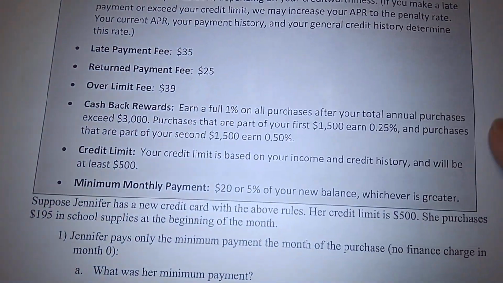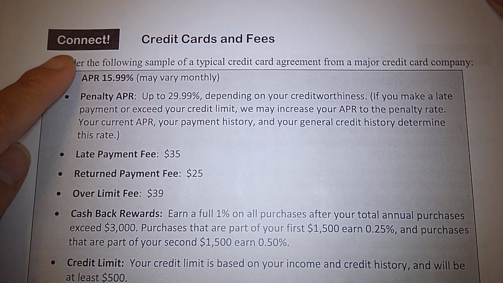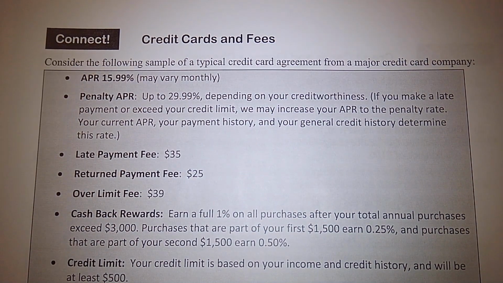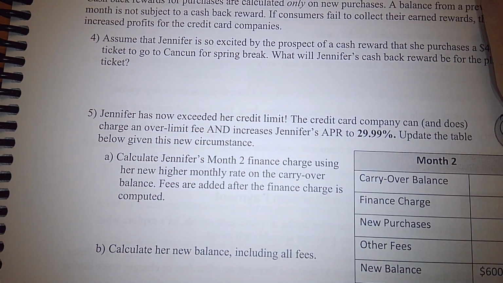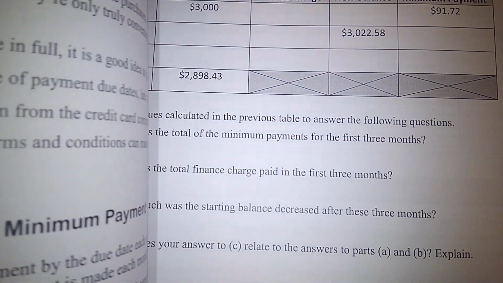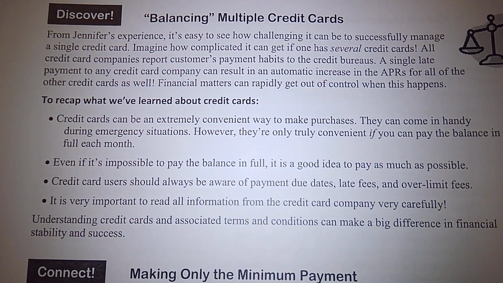Page 132, entire page. This is a connect part, but we'll still do it. Page 133, entire page. Page 134, entire page.